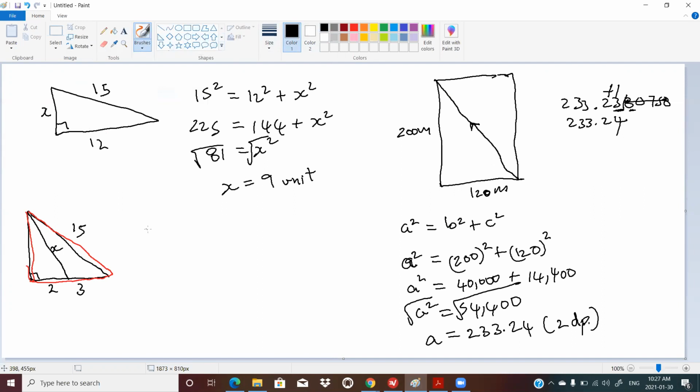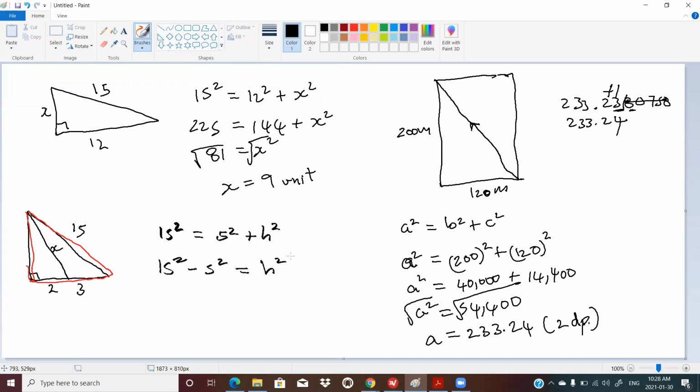Then it would be 15 squared is equal to 5 squared plus some. Let us refer to this as h. So h squared. So 15 squared minus 5 squared is equal to h squared.